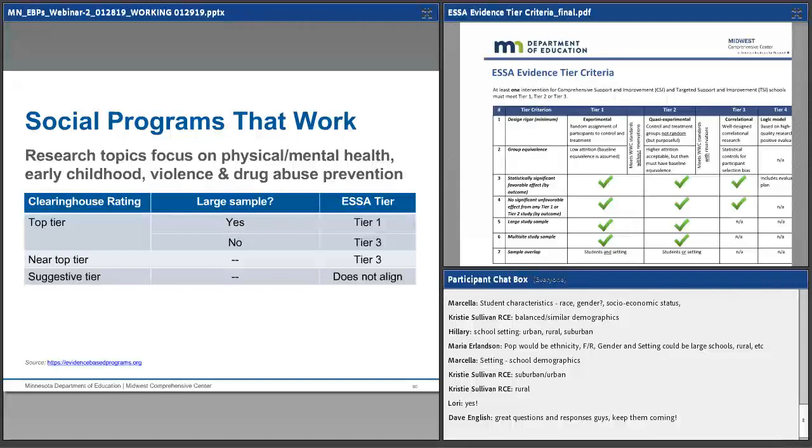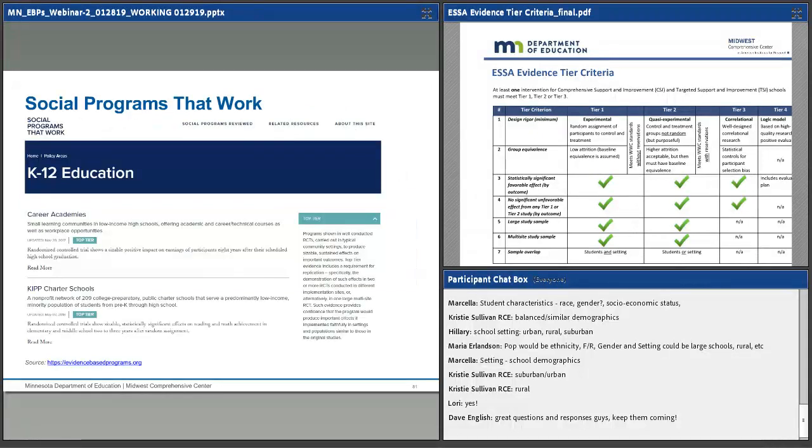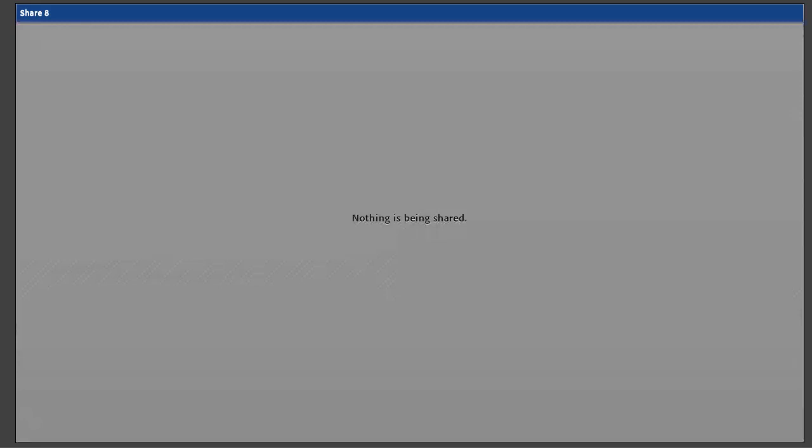If it has a large sample size, then it meets tier 1. If not, then it meets tier 3. If the clearinghouse rating is near top tier, you know it automatically meets tier 3, and it's not going to meet any other higher tier. If you see that it has a suggestive tier rating, then you know it's not going to meet tier 1, 2, or 3 in the ESSA ratings.